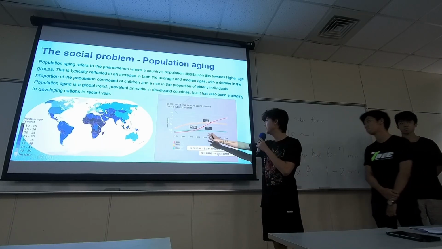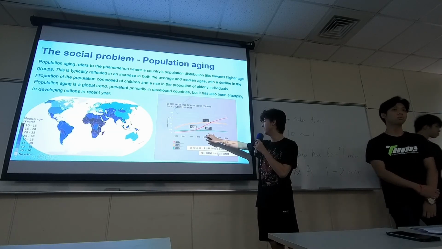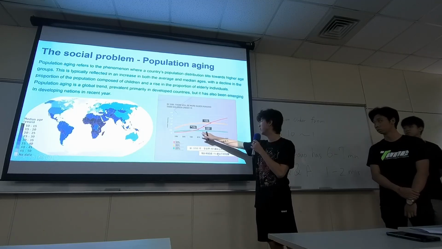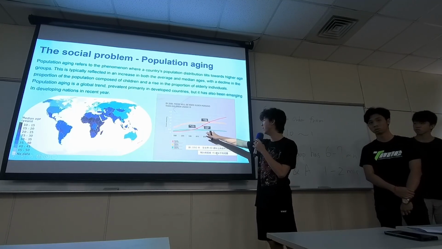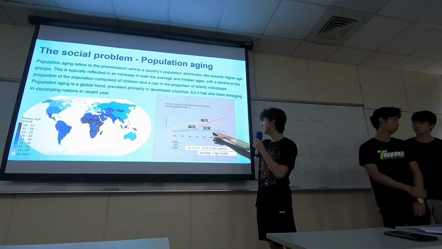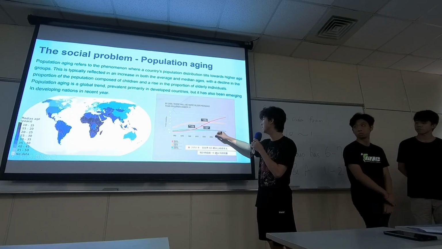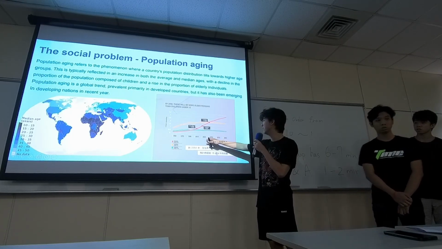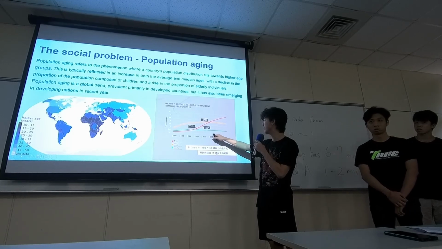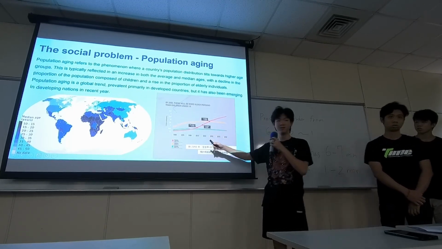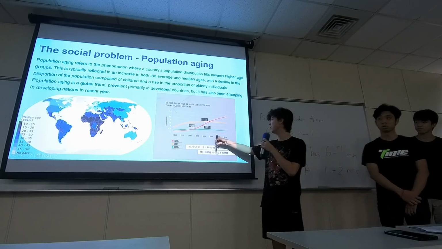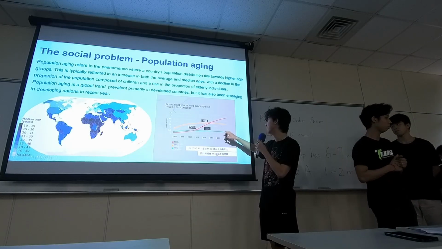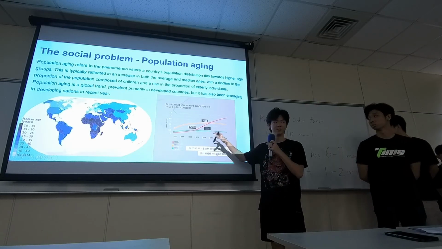In 2015, persons aged above 60 numbered 101 million, while children under 15 were still higher. Based on the prediction, the number of persons above 60 will increase a lot, and by 2050 it might overlap with children under 15.